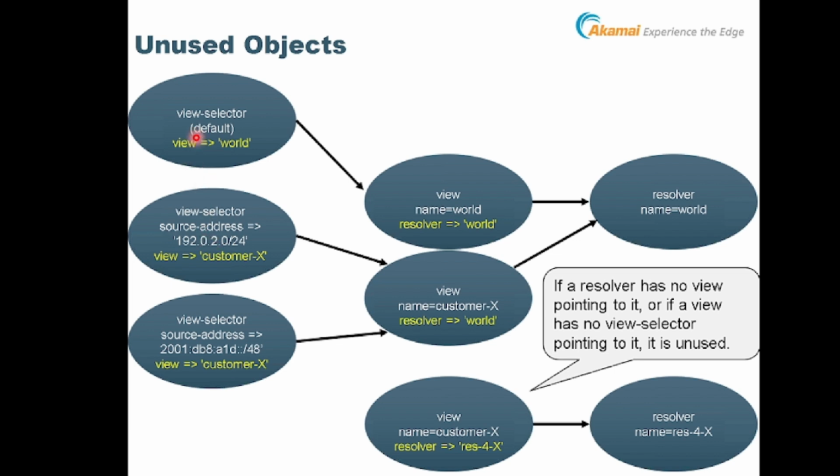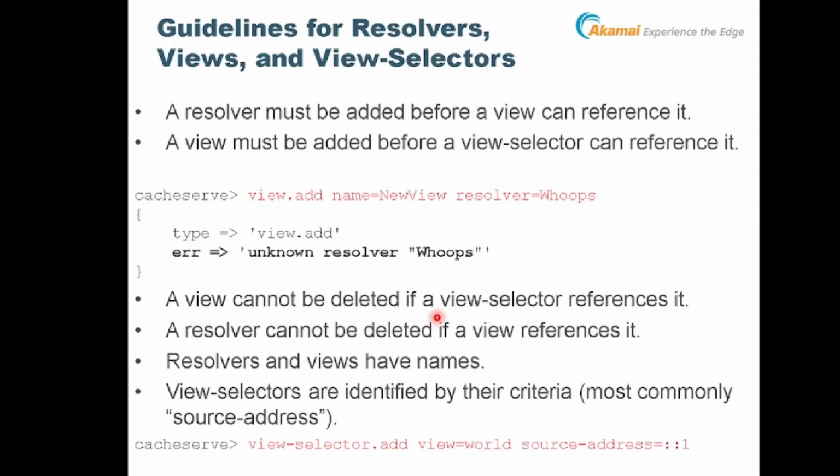So every IP source address matches the default view selector, but an IP source address that is 192.0.2.1 matches this view selector more closely, so that's the one that wins. Whichever one is the closest matching, that's the one that controls the destiny of that query.